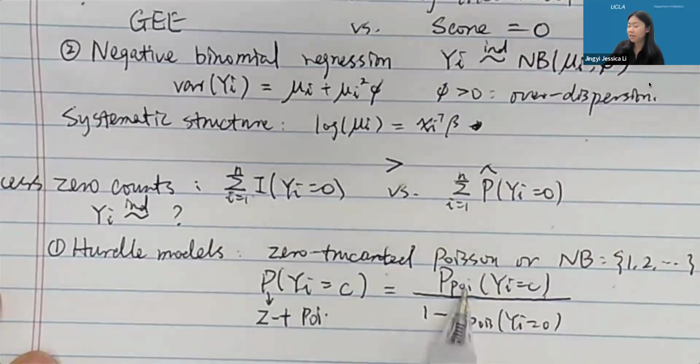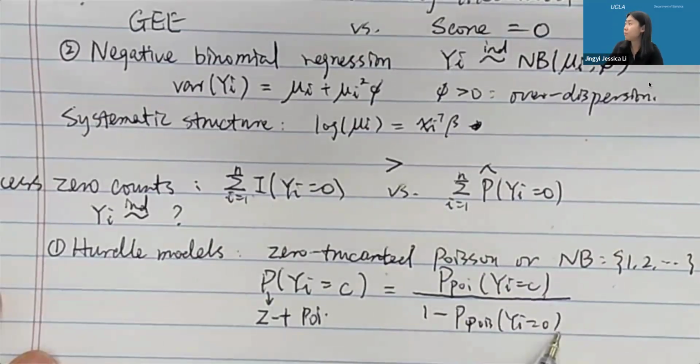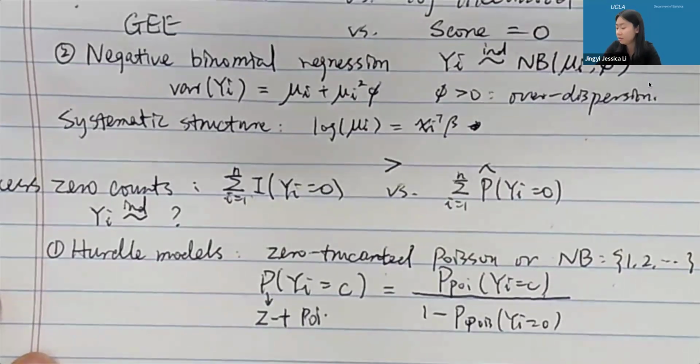So you're just dividing by the non-zero part of the probability mass to re-normalize everything.